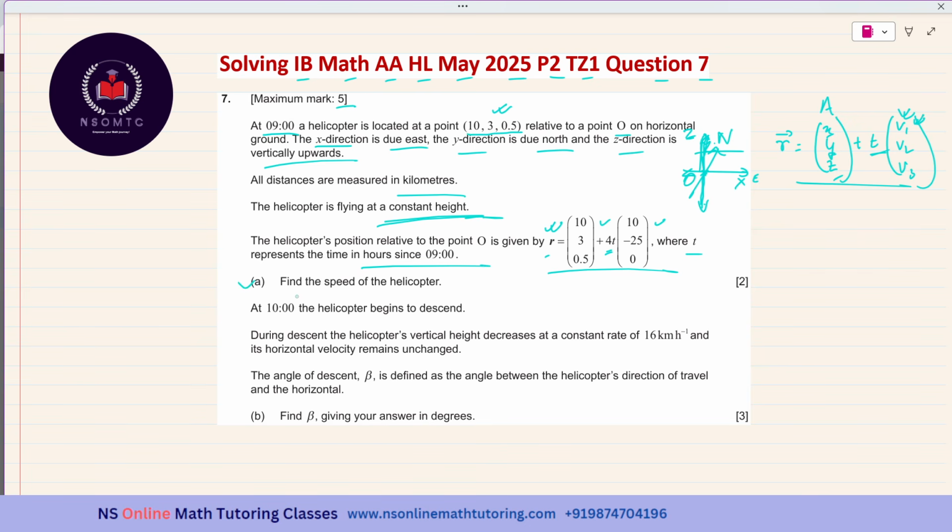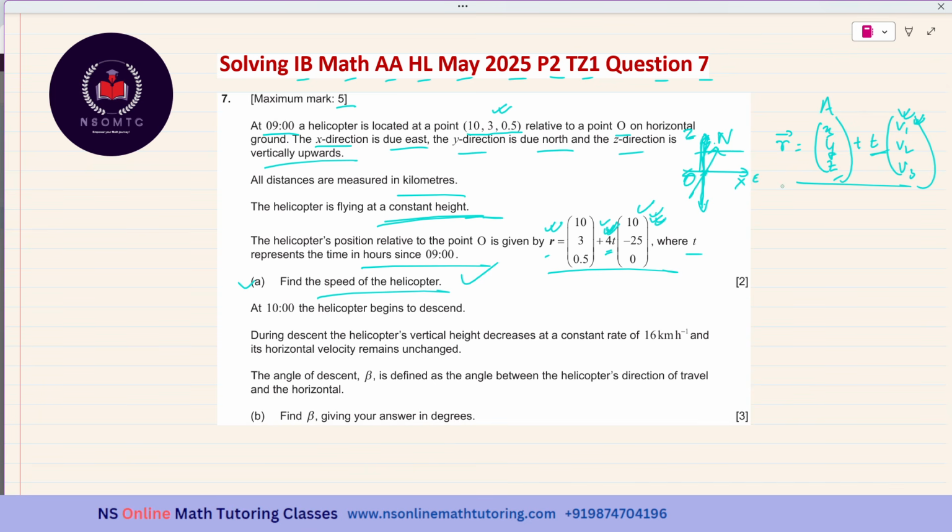So part A's question is: find the speed of the helicopter. Many students will just give the magnitude of this vector, but actually this is not the velocity vector. This multiplied by 4 is the velocity vector. So you have to take this 4 also in order to get the speed of the helicopter.